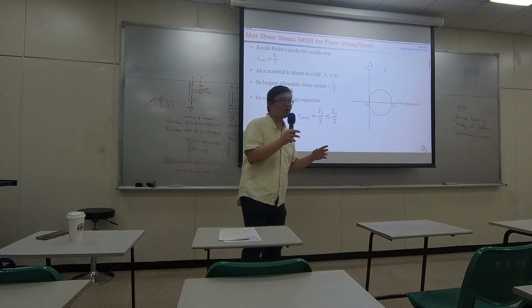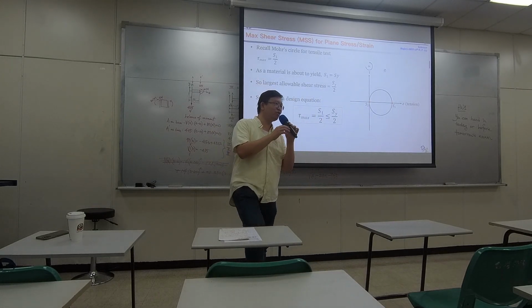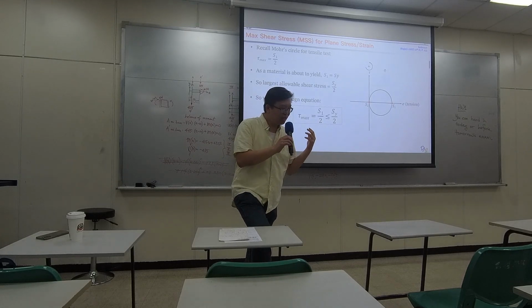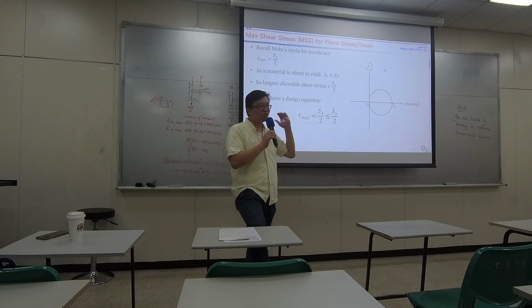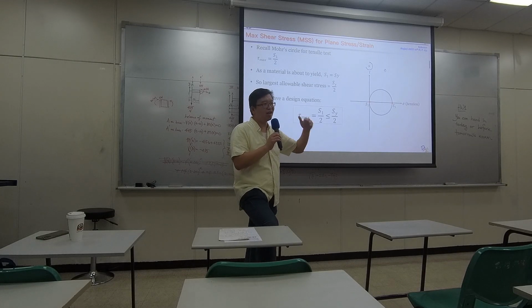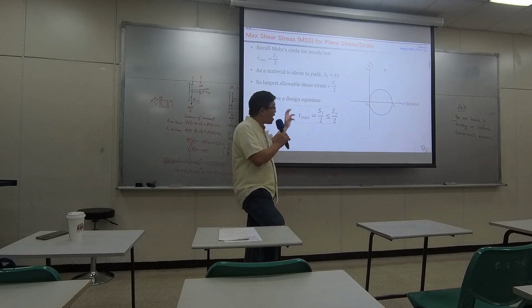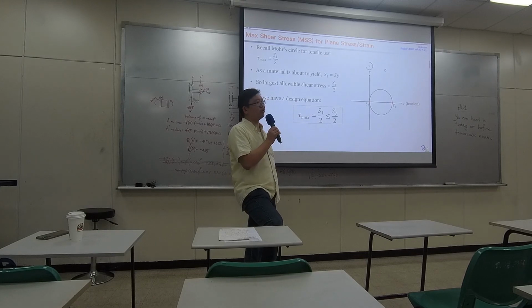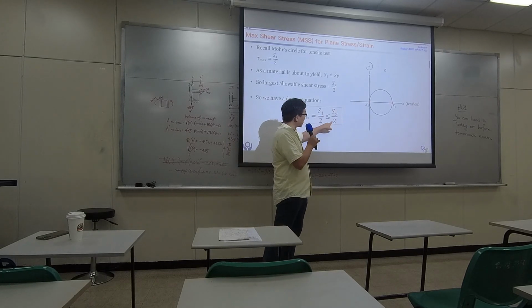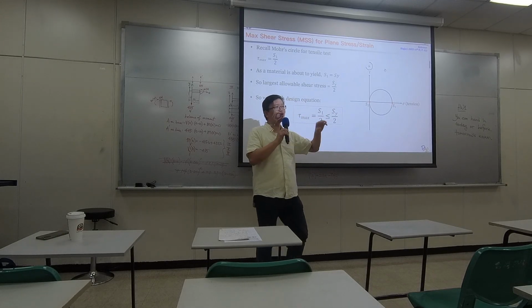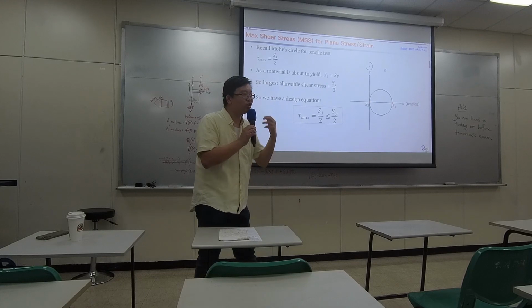So in the future, no matter how your material is carrying some load, the maximum shear stress it can take, the upper limit, is half of the yield strength. Okay, so we are choosing half of the yield strength as the upper limit for shear stresses.